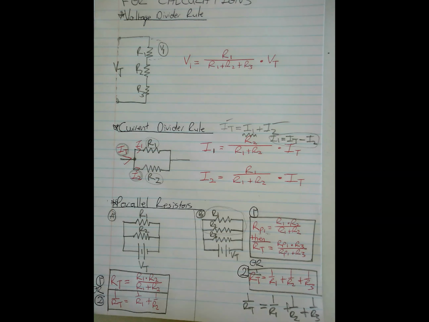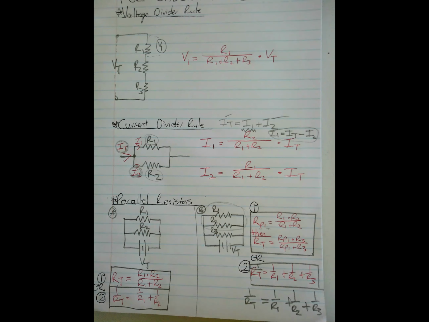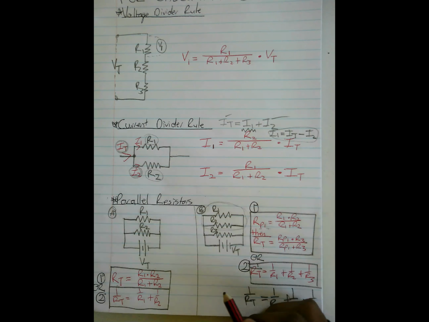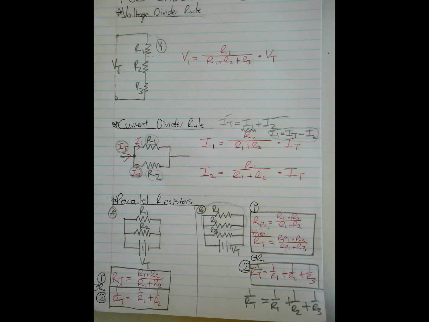Your calculator can do all this work for you, unless they don't allow a calculator. Then you have to simplify using your mathematical methods, and you just take the reciprocal as your final answer to get RT on the top fraction. You're going to have to cross multiply, but we'll do an example and then we can see how to do that.